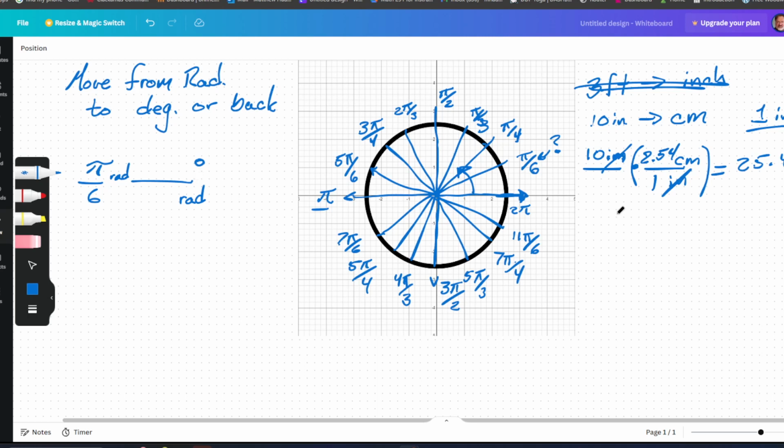Well, we could use that 360 degrees is the same as 2 pi radians. But it's actually more convenient to divide these by 2 and use 180 degrees and pi radians.